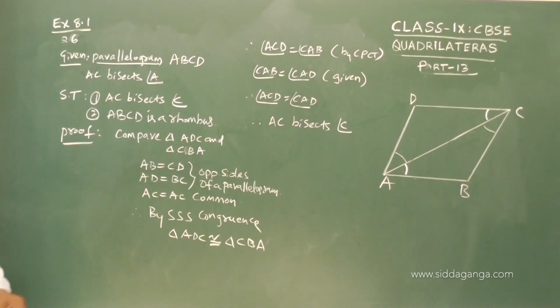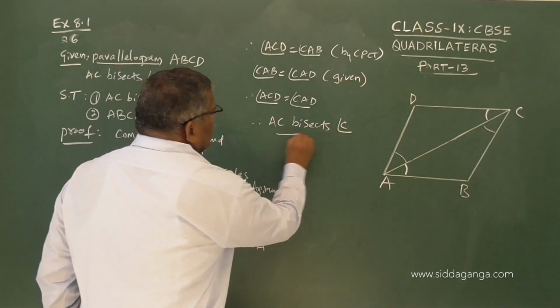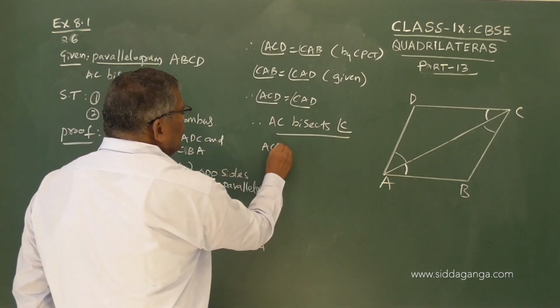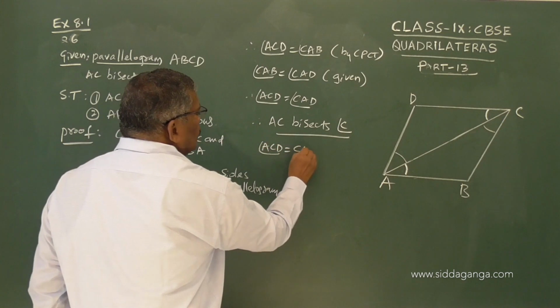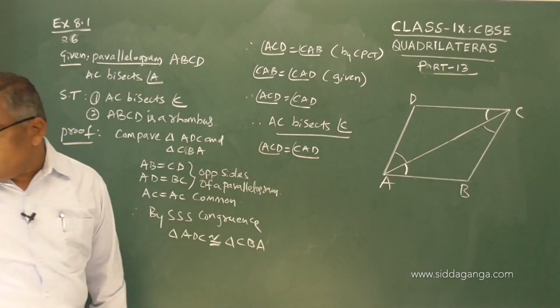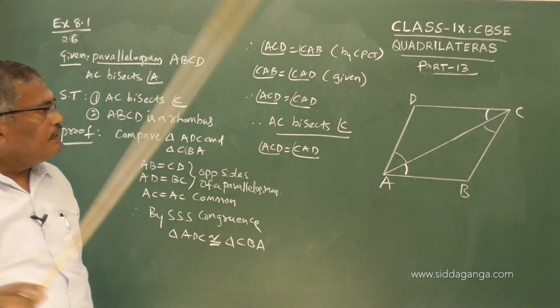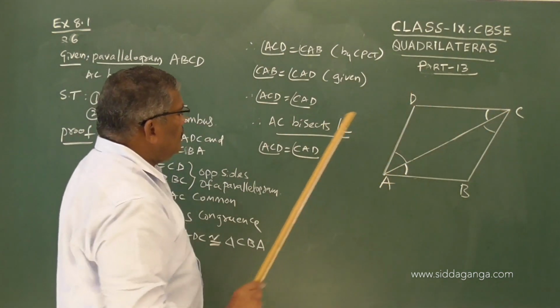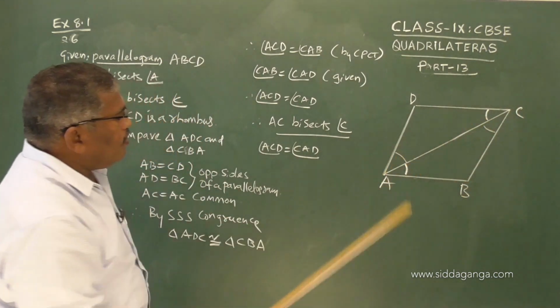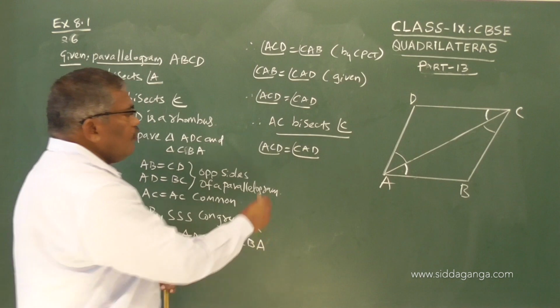So that is the first portion over. Now the second portion. I will move on to the second portion. We have ACD is equal to CAD. For each angle, you observe the figure, then only you will understand this geometry. ACD is equal to CAD; these are interior alternate angles that we have proved.